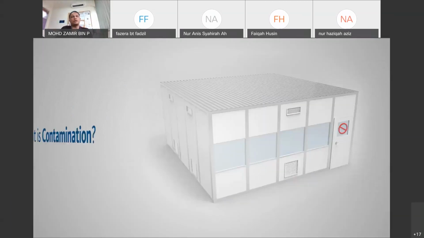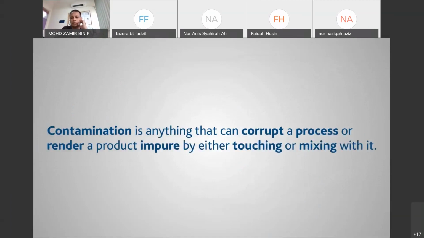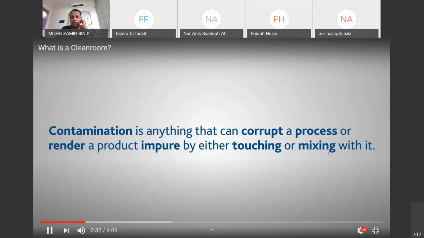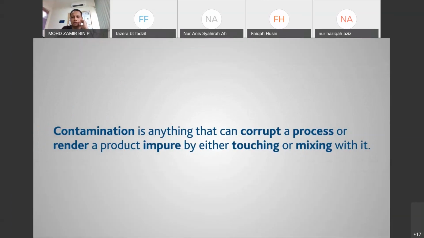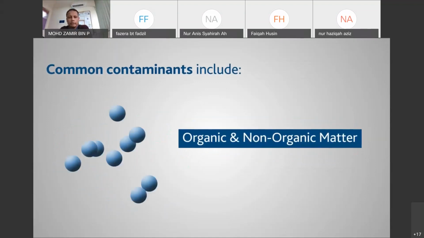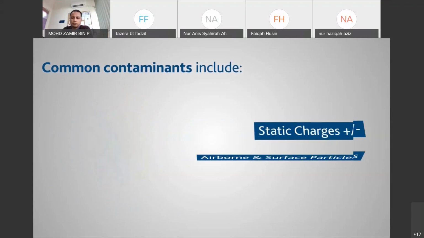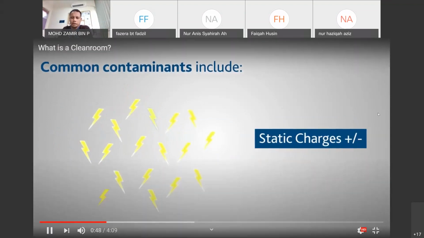If you work in a fab, usually you need to go for a certification or a test before you are given access to enter the fab. So contaminants, organic and non-organic particles, and static charges are contaminants as well.